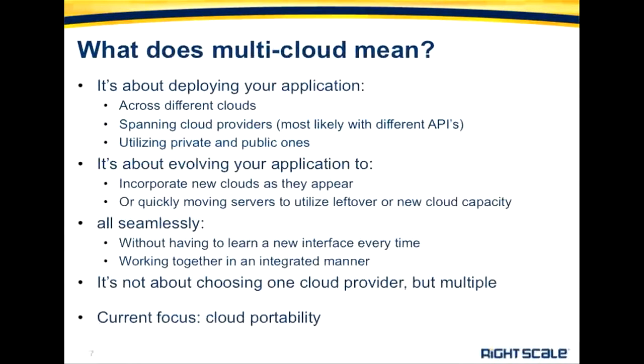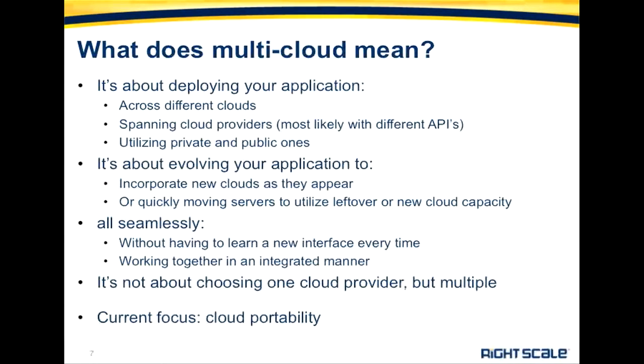So what does multi-cloud mean? There are different ways to define this. I think it's good to start by defining the holy grail of multi-cloud. What is the nice thing about multi-cloud that in the end we would like to achieve? Going multi-cloud means being able to deploy your applications across different clouds, probably across different cloud providers, which means they really have different APIs.